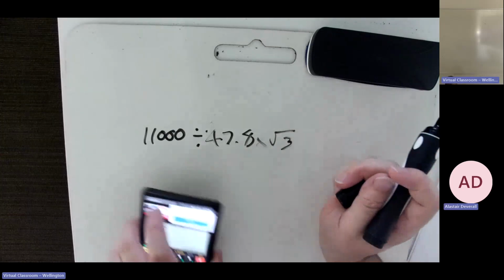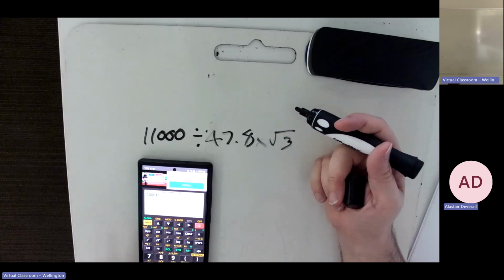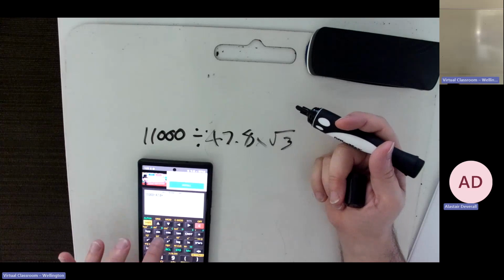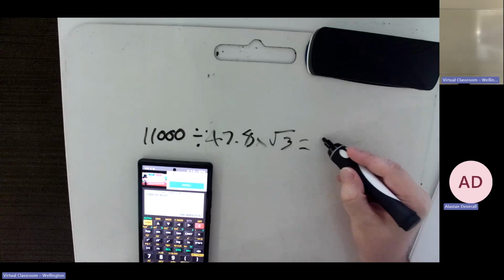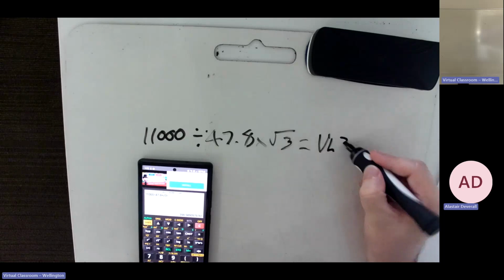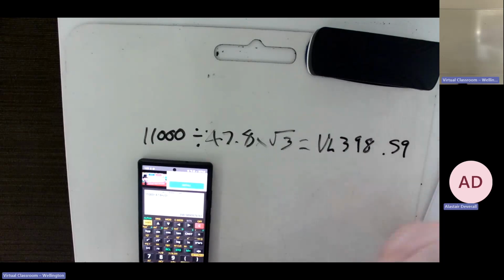So to put that back in our calculator here, we've got 11,000 divided by 47.8 times the square root of 3, and we will get our line voltage, 398.59. So 589, which is why it rounds up to 59.